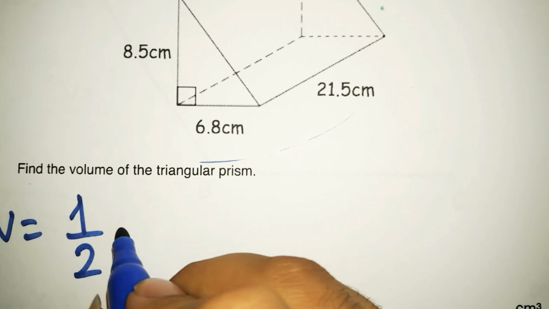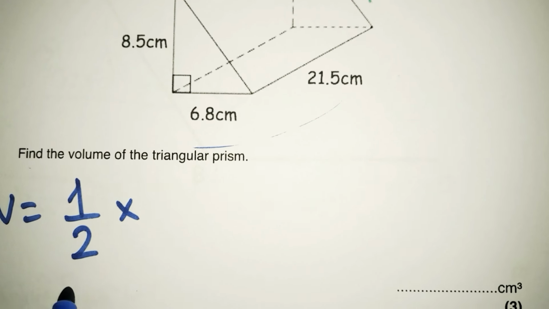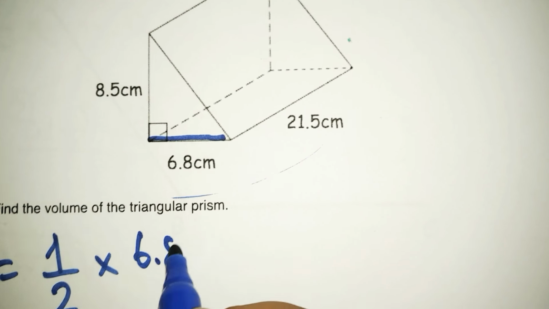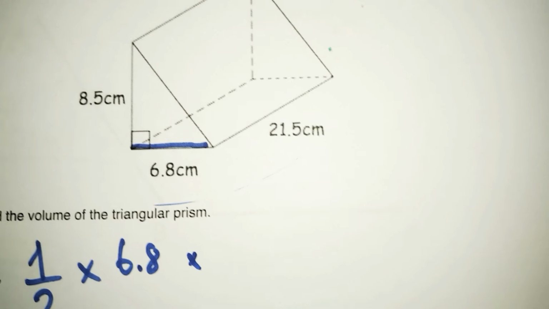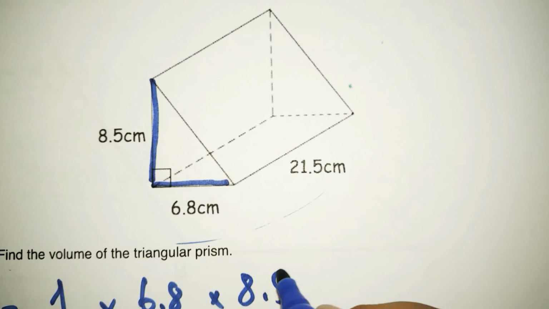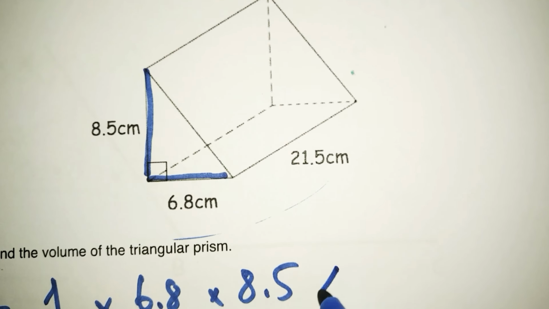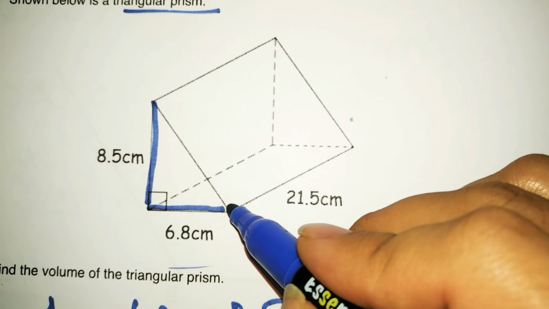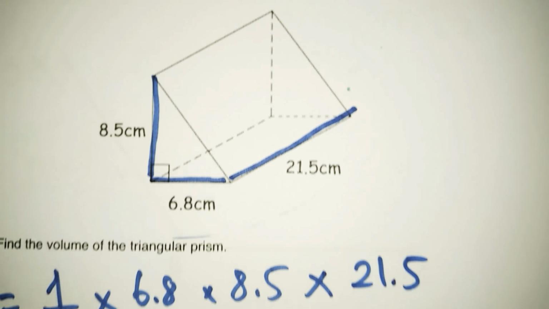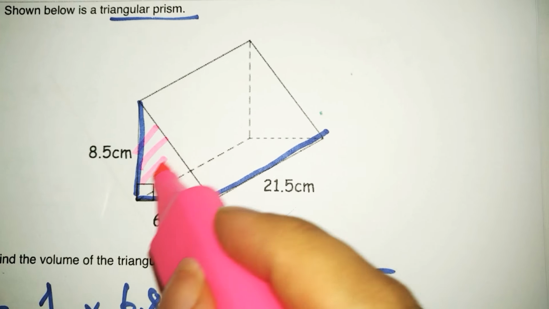1/2 times 6.8, which is this 6.8, and times 8.5, and then times 21.5. So remember, this is the cross-section area.